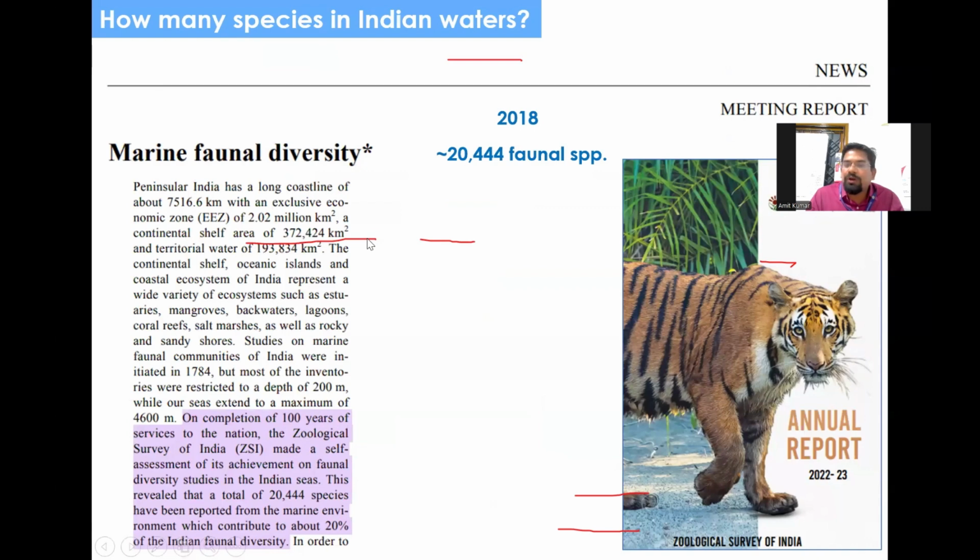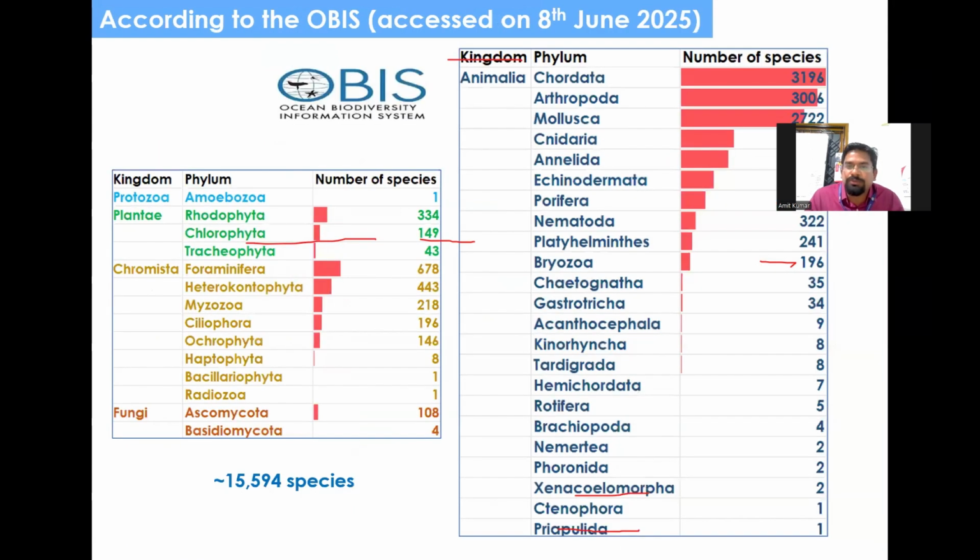After the completion of 100 years of the Zoological Survey of India, they released a meeting report in Current Science, wherein the researchers again said that close to 20,444 faunal species are present in Indian waters, and the number remains the same in the annual report of 2022-23 published by the Zoological Survey of India, that is 20,444 faunal species.